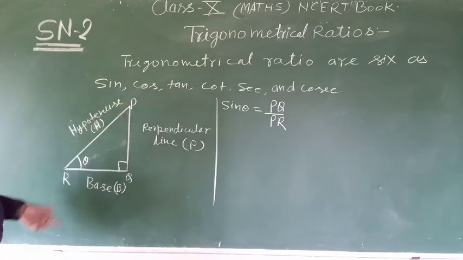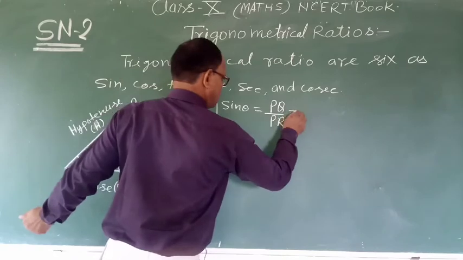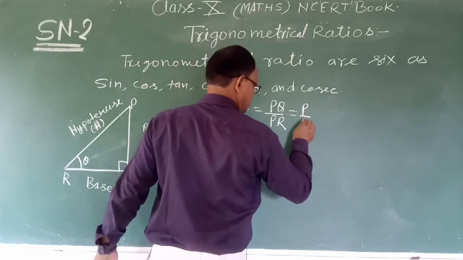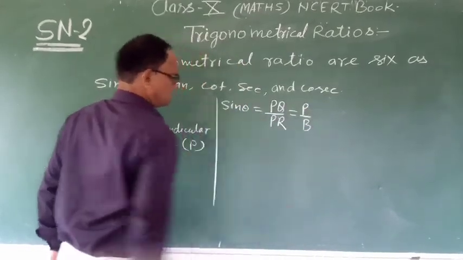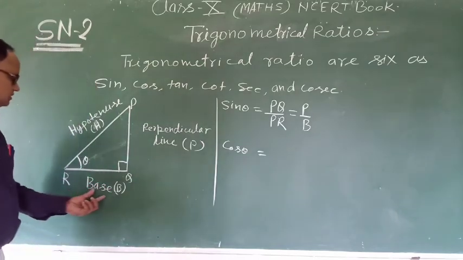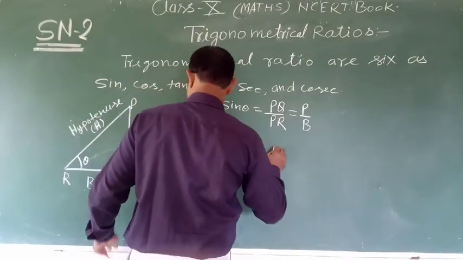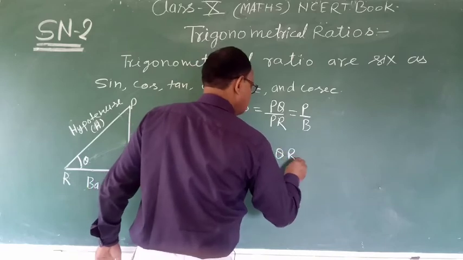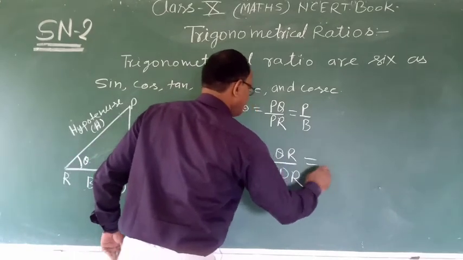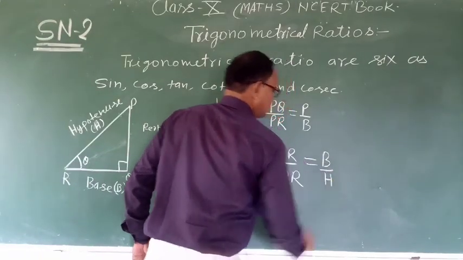The ratio of sin theta is equal to perpendicular line divided by hypotenuse, in short P by H. Cos theta means QR base by PR hypotenuse, in short B by H.